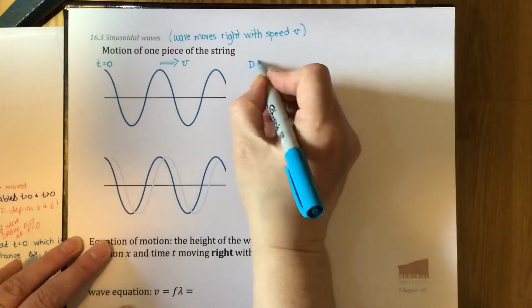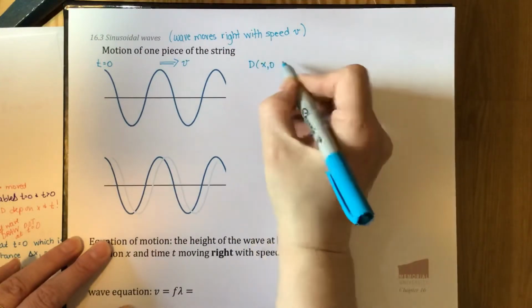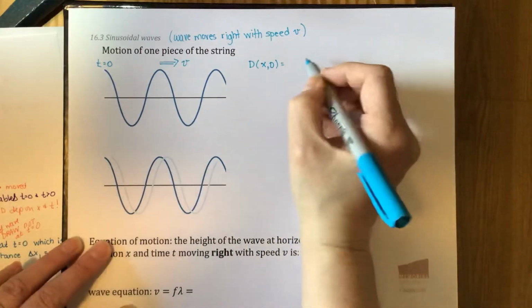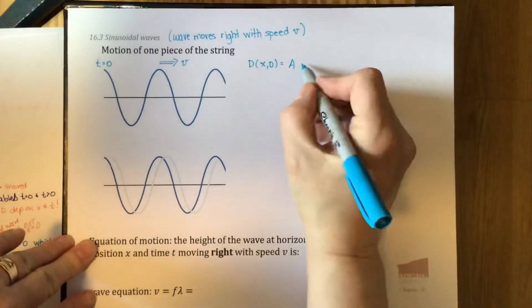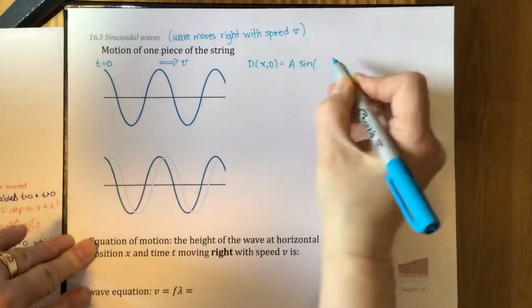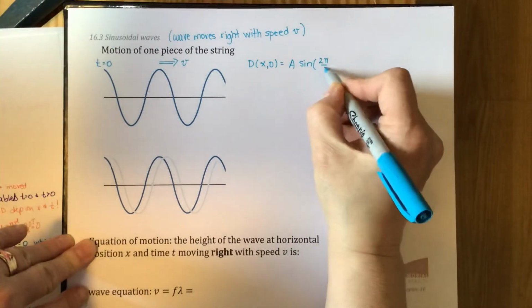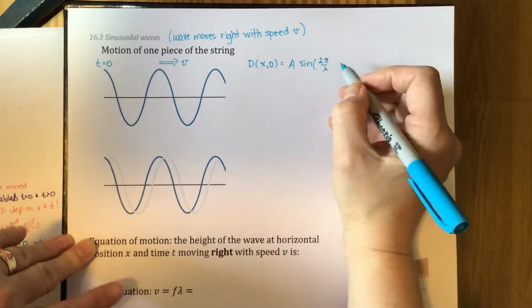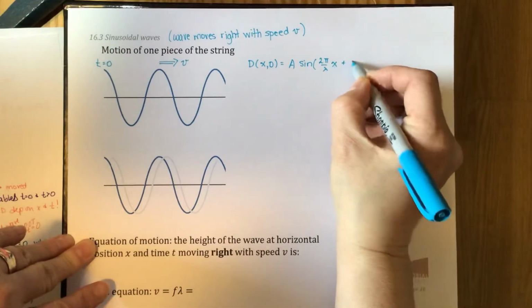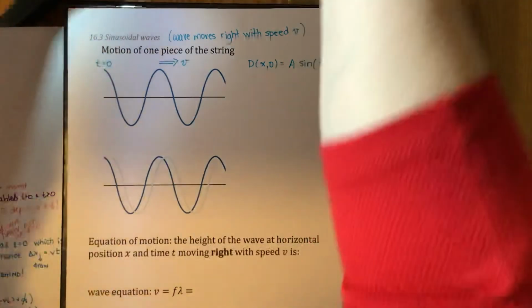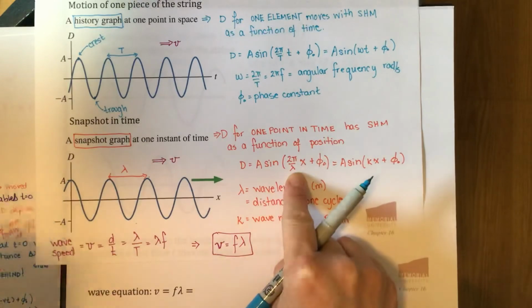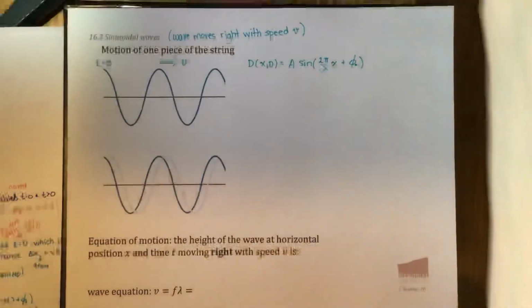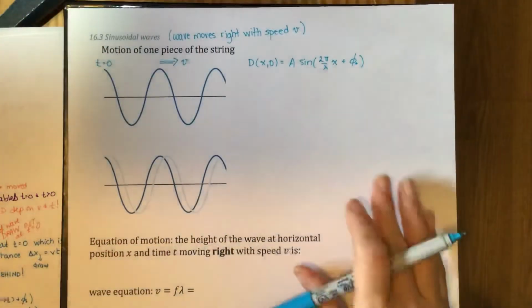So d of the whole wave at time equals 0 is given by A times sine of 2 pi over lambda, or k, times x plus the phase constant phi naught. So all I really did here was write down this equation, and I said the time we're specifically looking at is time t equals 0. Okay, that's our starting point.